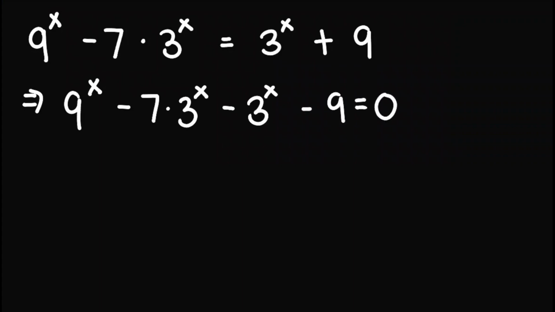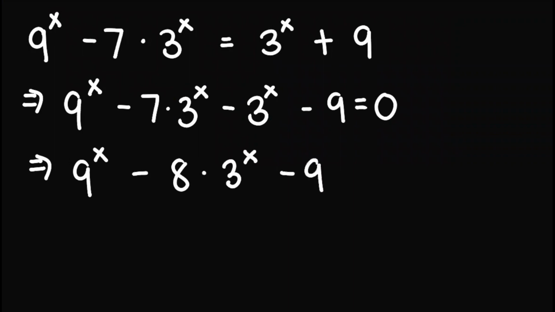So we'll have 9 raised to x minus 7 times 3 raised to x minus 3 raised to x minus 9 equals 0. From here, note that if we treat 3 raised to x as a variable, say y, then we'll simply have negative 7y minus y. So this is simply 9 raised to x minus 8 times 3 raised to x minus 9 equals 0.